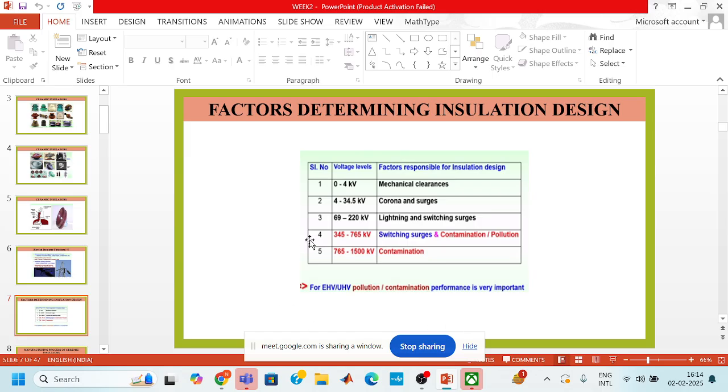From 69 to 220 kilovolt, the factors are lightning and switching surges. For extra high voltage and ultra high voltage, that is 345 to 765, the main factors are switching surges and contamination or pollution. Above 765 up to 1500 kilovolt, the main factor is contamination. So for extra high voltage and ultra high voltage, pollution and contamination performance is very important.